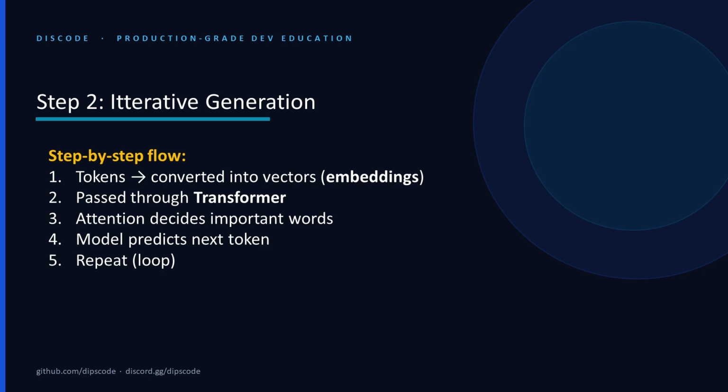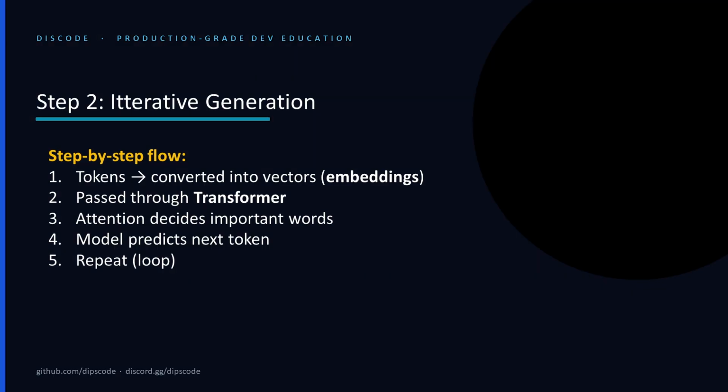Then in the fourth step, the model predicts the next token. After all the mathematics is done, the model doesn't know the answer. It calculates probabilities. It looks at the patterns it learned during training, and based on everything written so far, asks what is the most likely next piece of text. It produces a list of tokens, each with a percentage score.